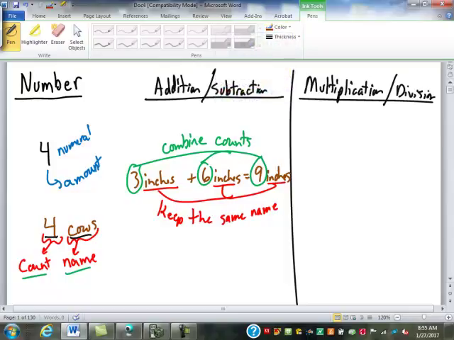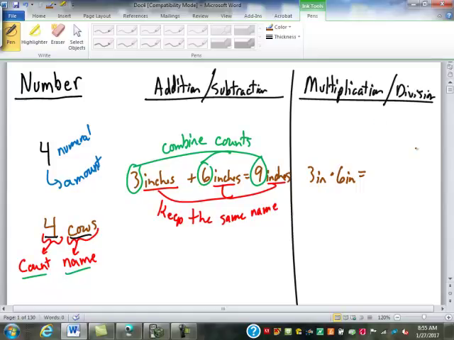But what isn't as obvious is what happens with our multiplication. Let's have 3 inches times 6 inches. First of all, is everybody familiar with the dot used for multiplication instead of the x? Okay. Means the same thing. So we multiply 3 inches times 6 inches.